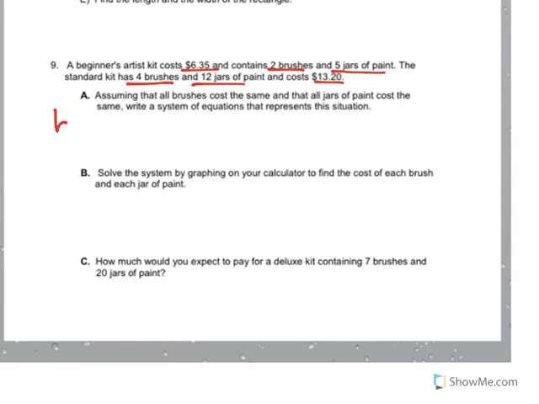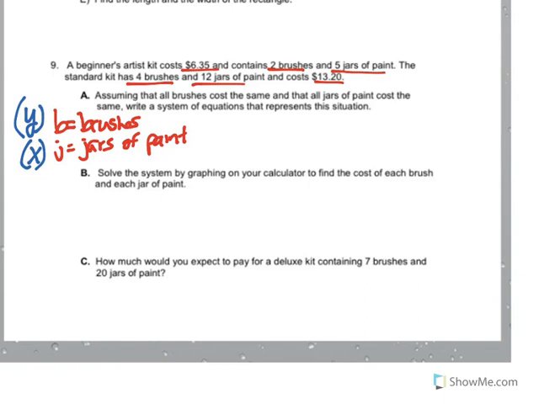Let's say we let B equal brushes, and let's say J equals jars of paint. And you know what? Just for grins, next to it, let's say that this would be the Y and this would be the X. Okay? Now we're going to do 2 equations. We're going to do one for the beginner's art paint.